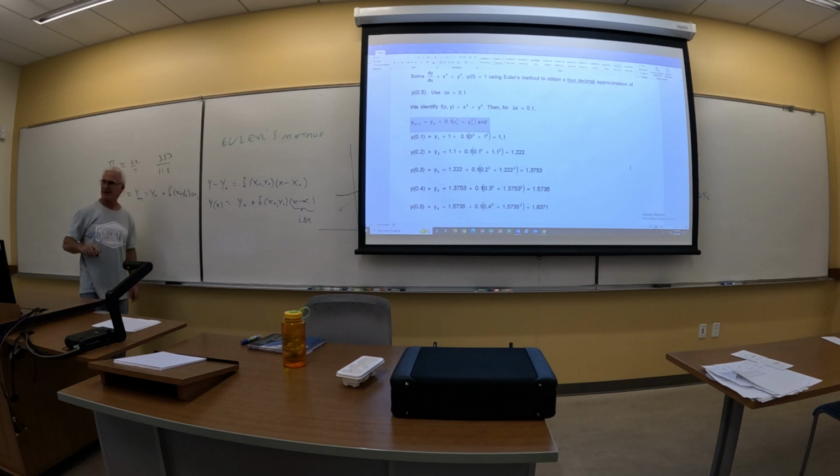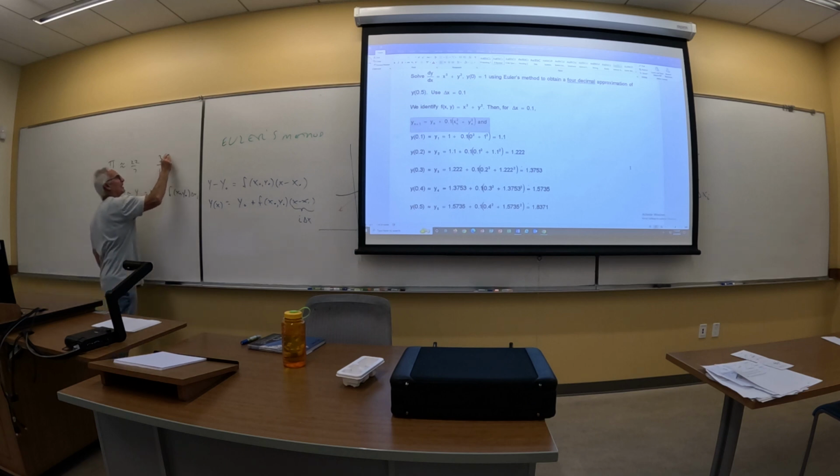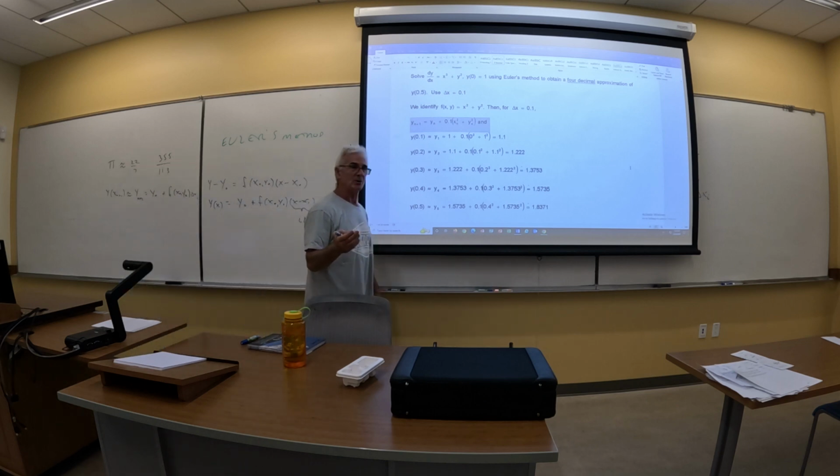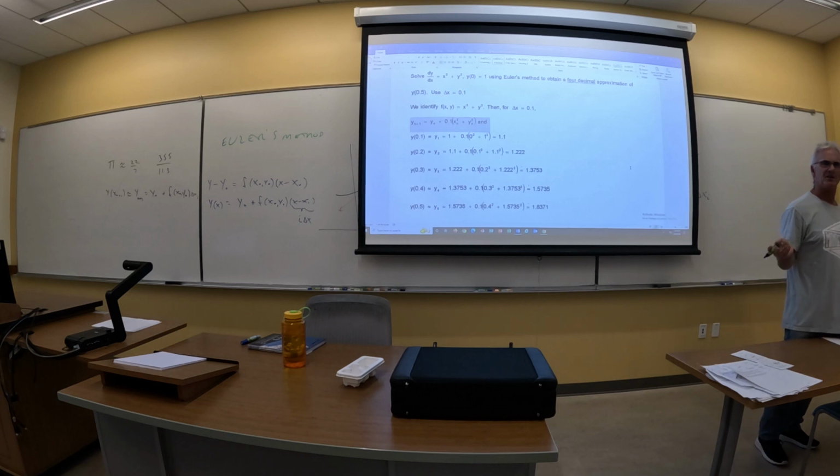What happens when you multiply that? Do you get something really close to an integer? 355. Yeah. So this should be 355? Is that the number? All I know is that I came up with something that I believe has 6 or 7 decimal place accuracy, but it's 3 digits.